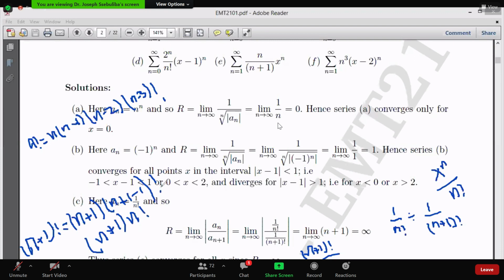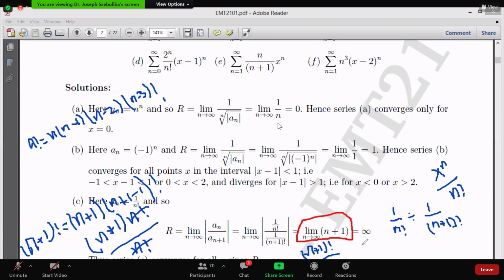The balance here is without factorial notation. But remember, this whole thing is divided by n factorial. Since this is n factorial, this will be cancelled with this one. You only remain with the n plus 1, and the n plus 1 you remain with is what you see here. That is the n plus 1.